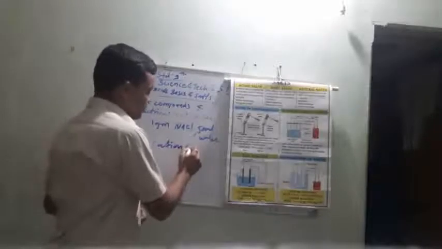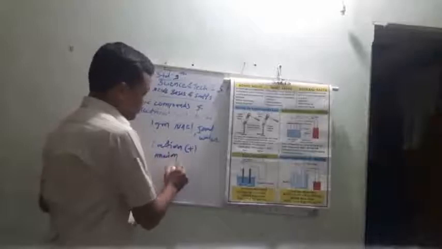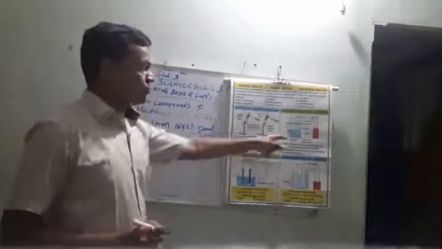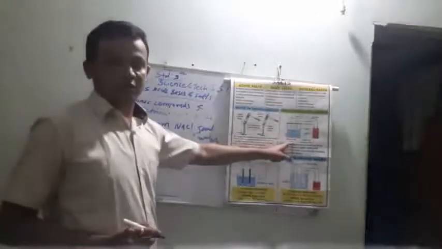Cations have positive charge and anions have negative charge. So after dissociation there is a formation of ions, that is cation and anion.